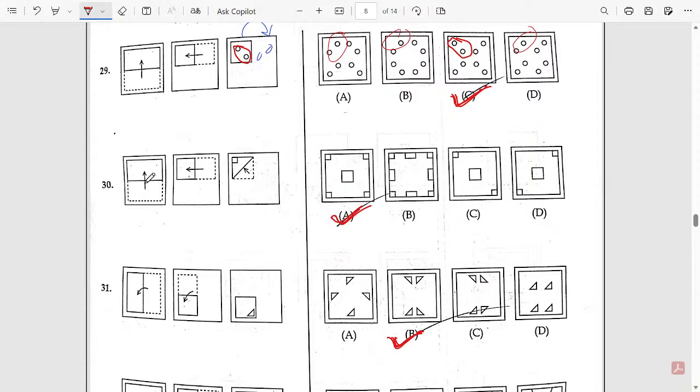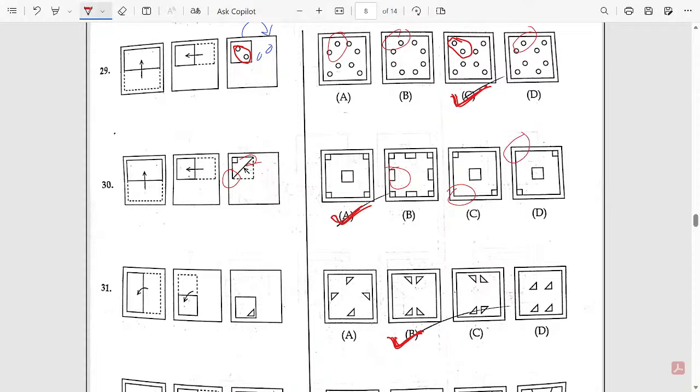If you see here, there is nothing here, so B will not come. And in C, the square in the corner is missing, and in D, the square in the corner is also missing. So the answer is option A for the 30.